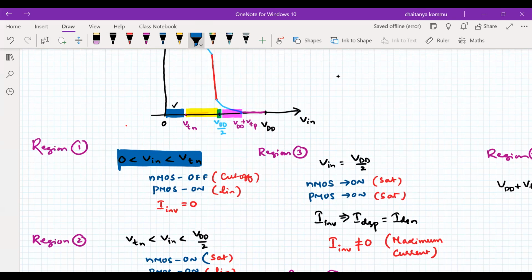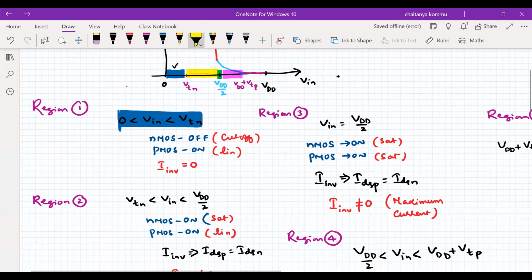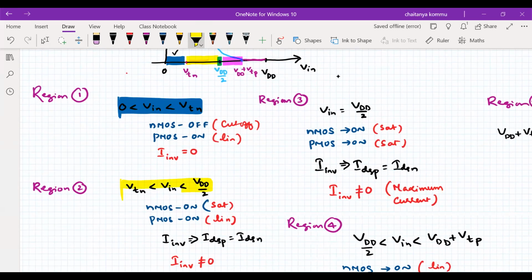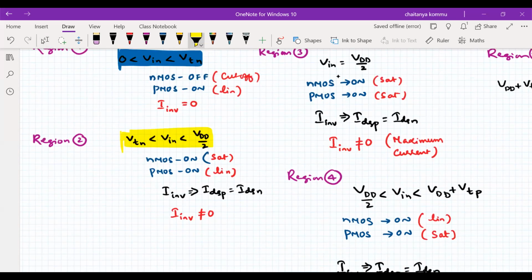The second region is Vtn to VDD by 2. That is the reason why I'm explaining again. At that point, NMOS and PMOS are in conditions like this. The current will flow since both are in series, the currents are equal, but non-zero current is flowing in this one.